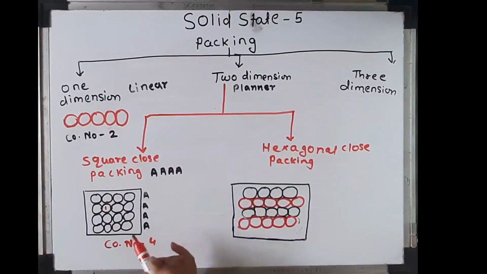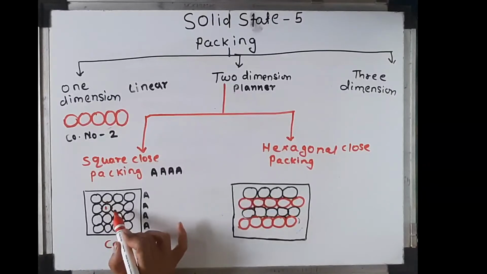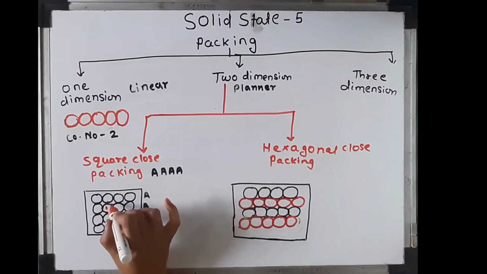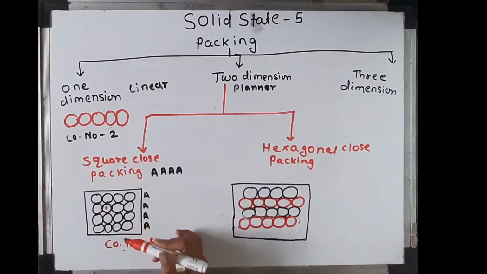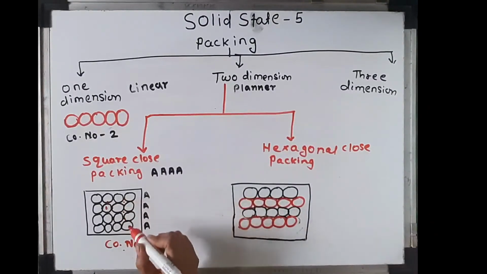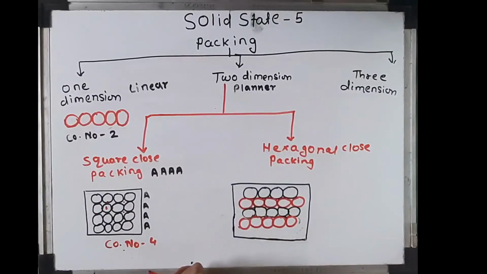Is it clear? Each sphere is touching another four spheres, so its coordination number is 4. And look at the voids. Voids means empty or unoccupied space. This is empty space, and it has a square void.